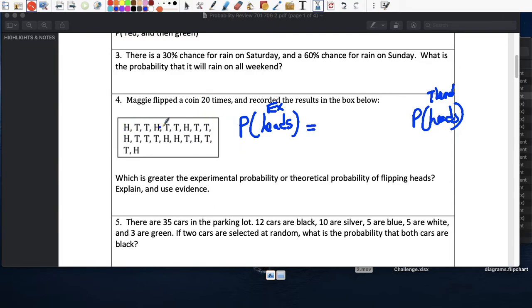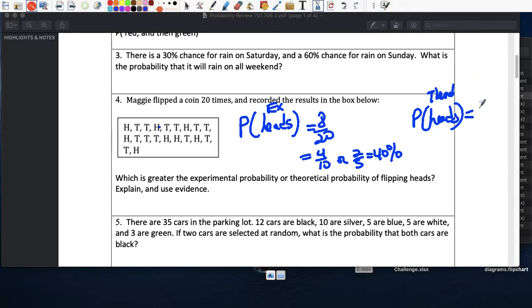Well, 1, 2, 3, 4, 5, 6, 7, 8. 8 out of 20. If you think about 4 over 10, or 2 out of 5, that's 40%. So, in her experiment, 40% of the time, the coin landed on heads.